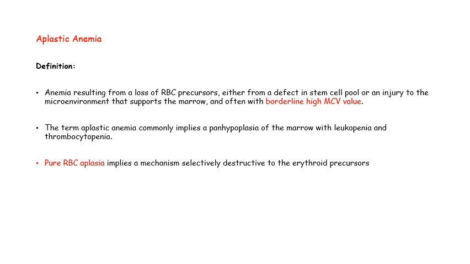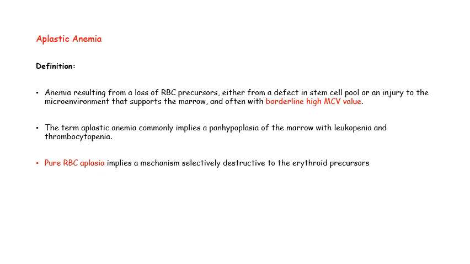The term aplastic anemia commonly implies hypoplasia of the bone marrow with leukopenia and thrombocytopenia. So aplastic anemia is somewhat of a misnomer, because it includes, in addition to the red blood cells, the white blood cells and platelets, and usually presents with pancytopenia.